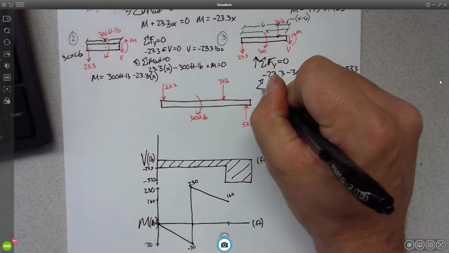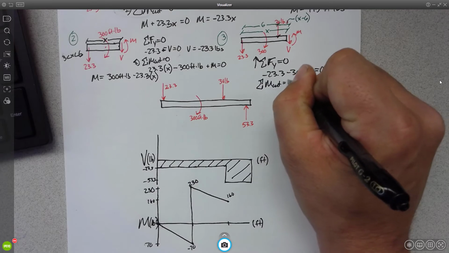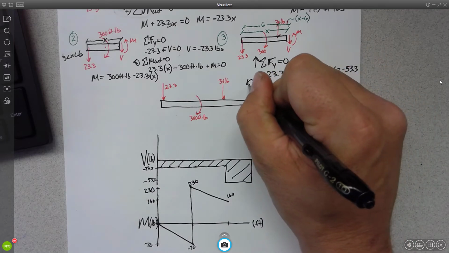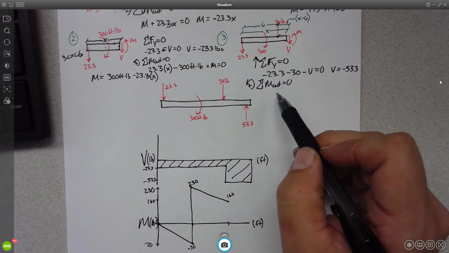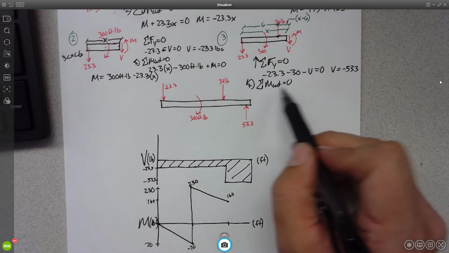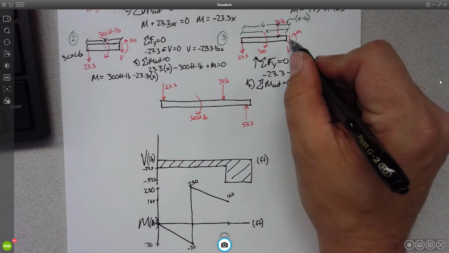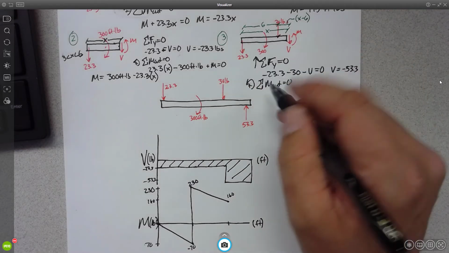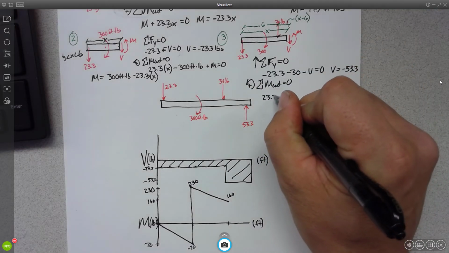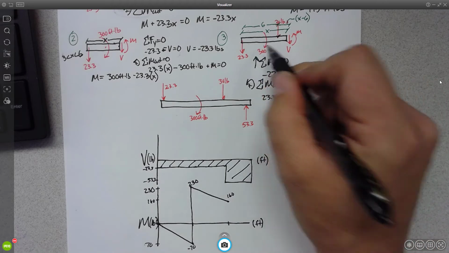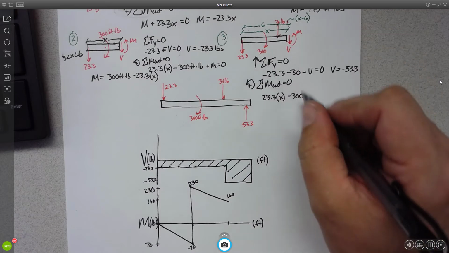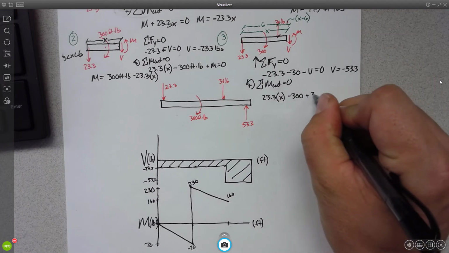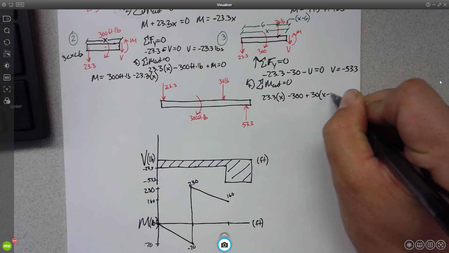Now let's sum our moments. We're going to sum them about the cut. Are we going to find the area eventually? Mm-hmm, so we're going to start using integrals, maybe. Sum the moment about the cut. All right, so what do I have happening about the cut? Looks like I have 23.3 times x minus 300 plus 30 times x minus 6, right?